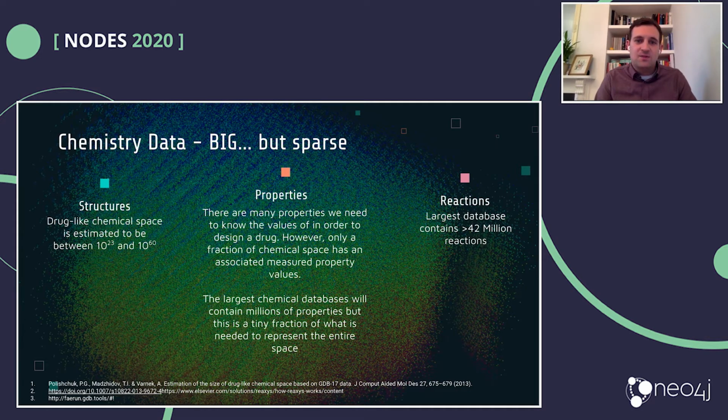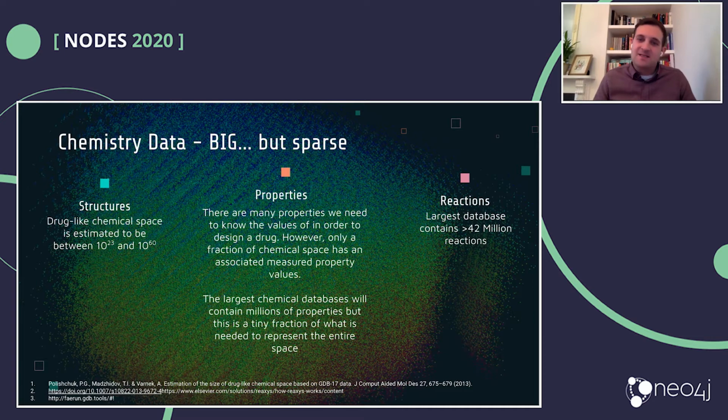If we were to put together a database of structures of different molecules that are in just the drug-like chemical space, so molecules which have properties believed to be ideal for drugs, this space is estimated to be somewhere between 10 to the 23 and 10 to the 60. These are big numbers, and storing all this data is really, really difficult.